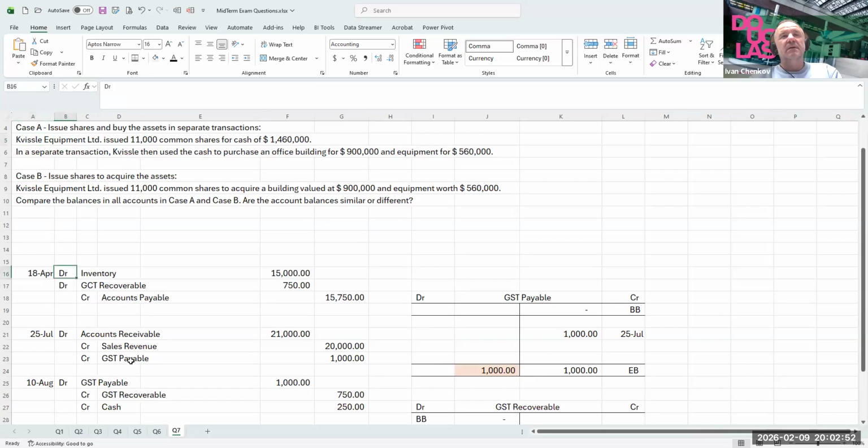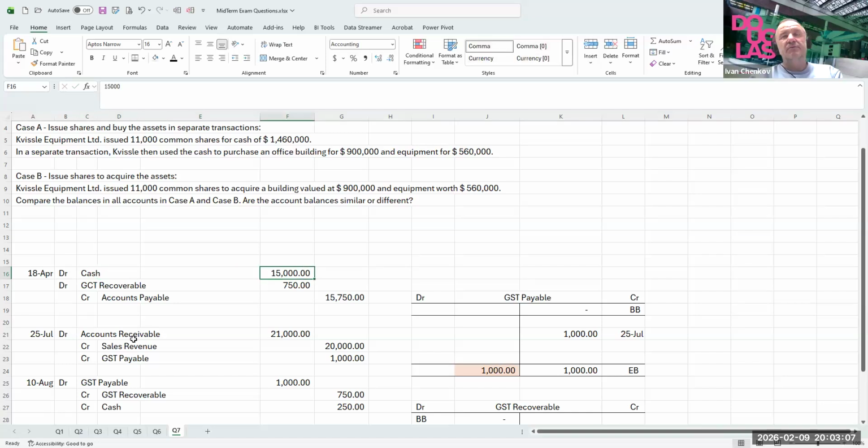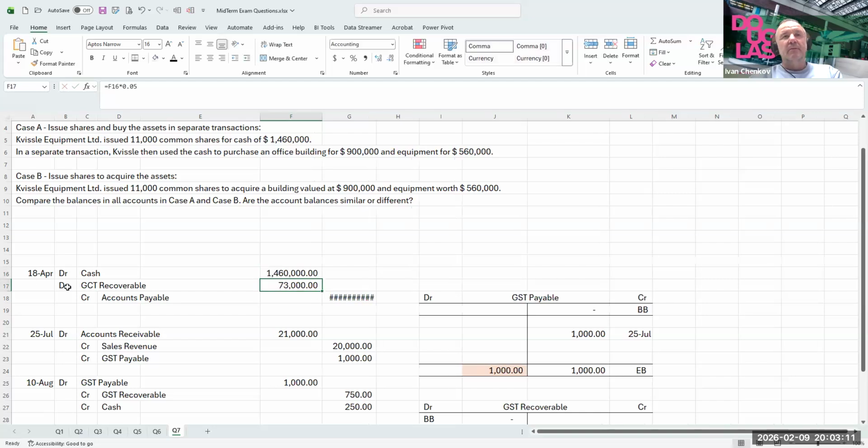So let's do this. Debit: what does the company get in case 1? Cash. Absolutely. And we have the amount of cash, which is 1,460,123. What does the investor get?